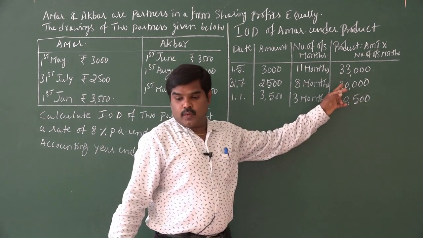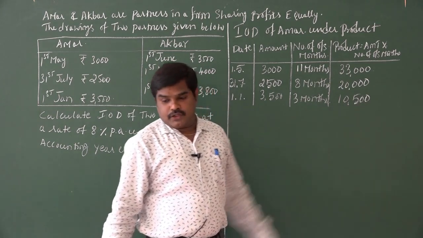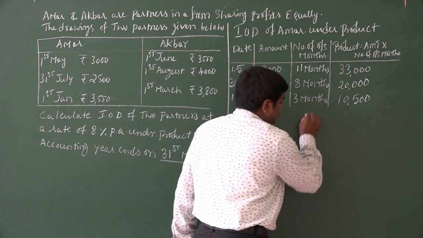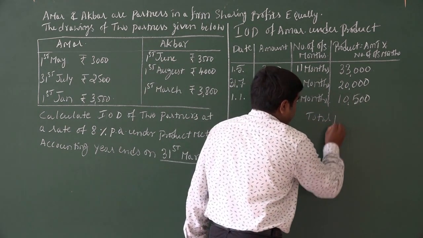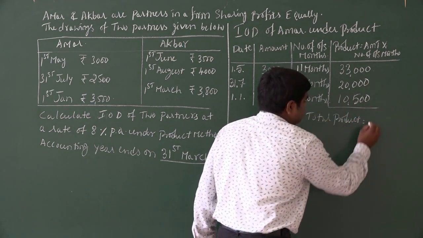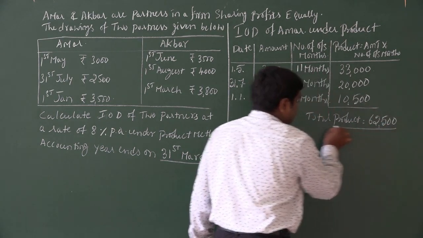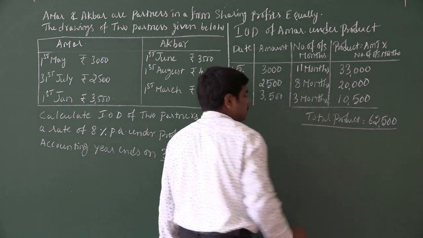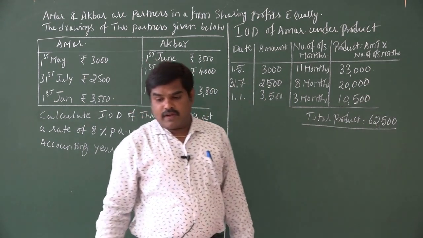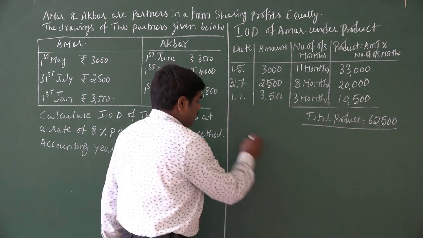If you add 33,000, 20,000 and 10,500, total product will be 62,500.